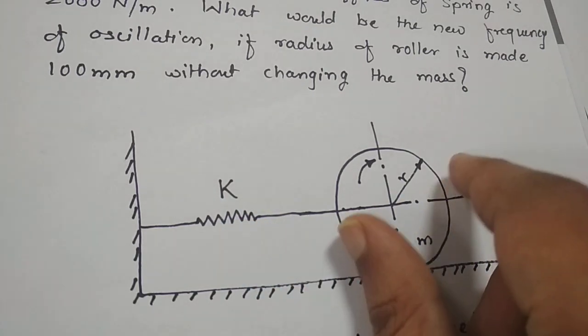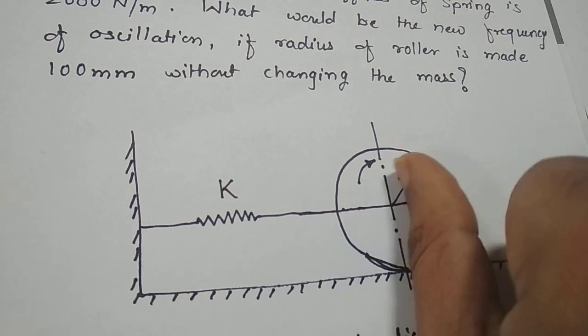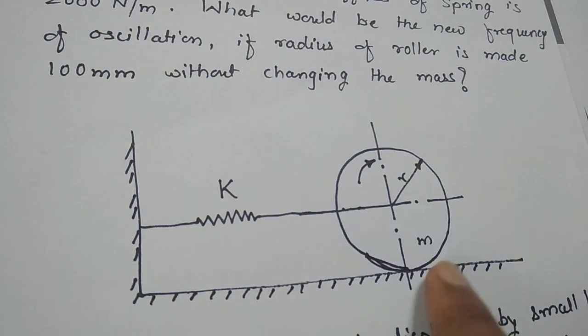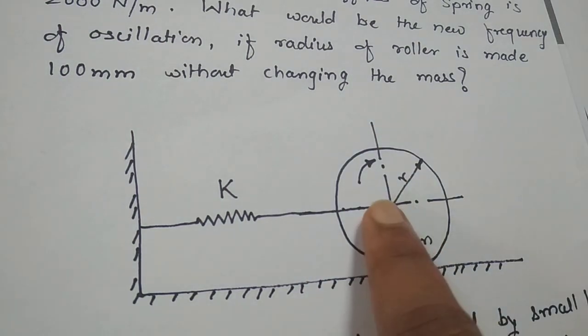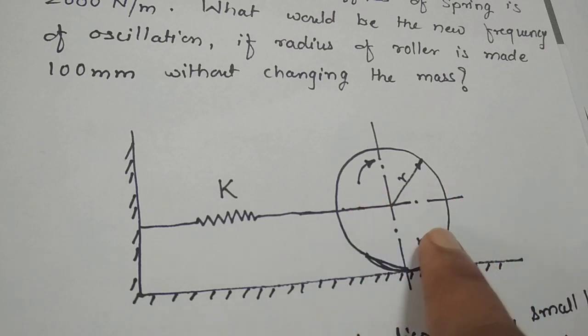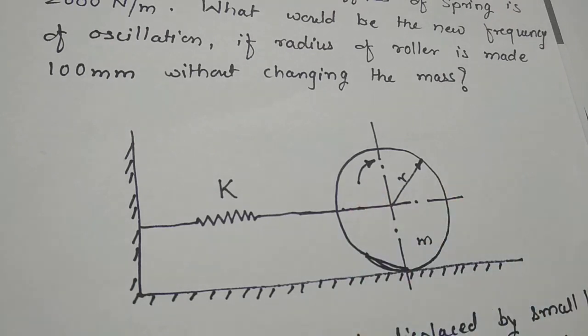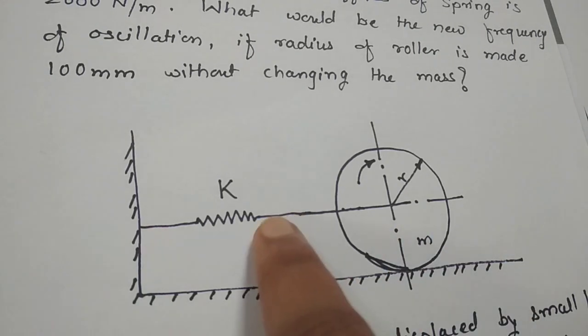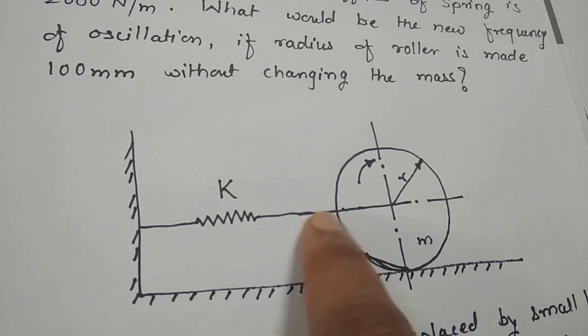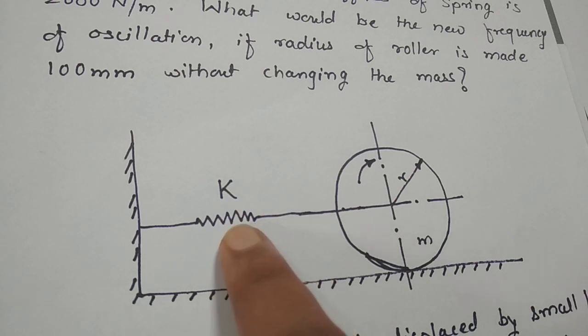Here it will vibrate like this, and again there will be a combination of linear as well as the correspondingly rotary motion, and due to that the spring K gets extended, meaning potential energy will be stored in the spring.